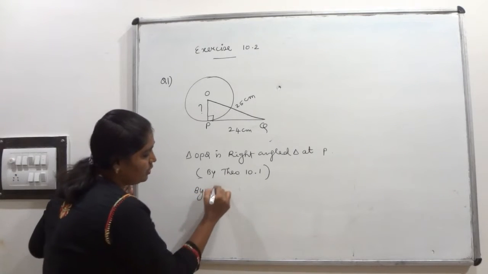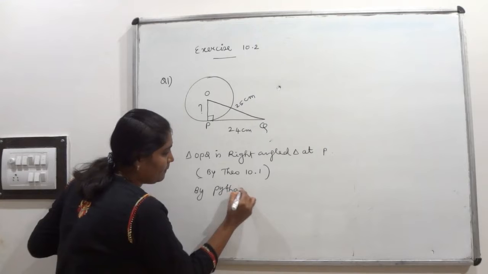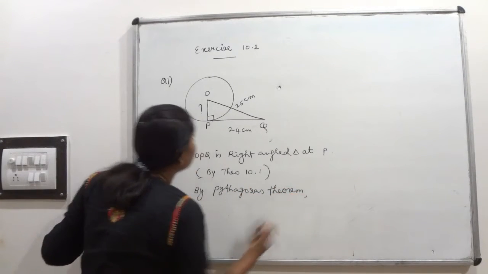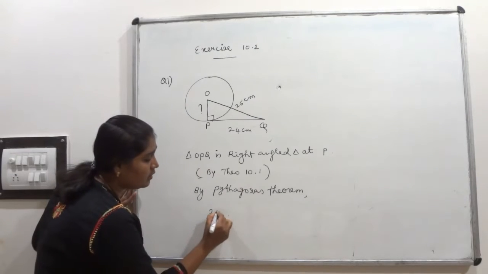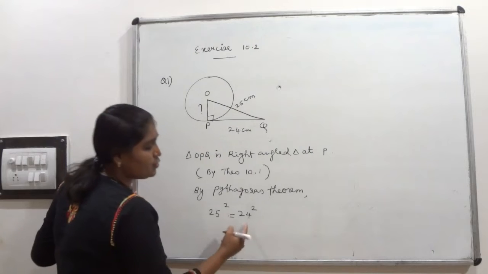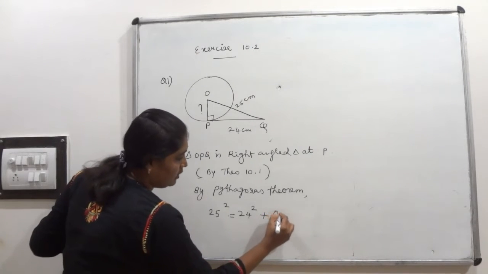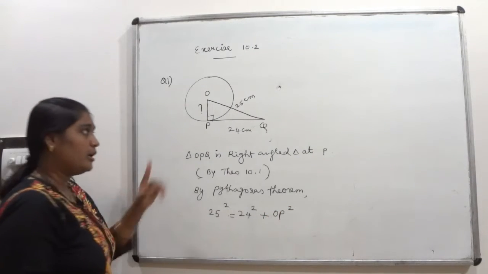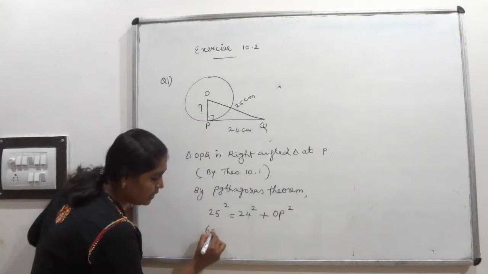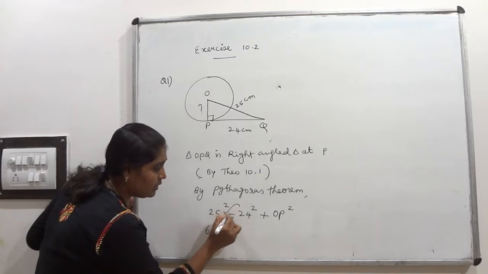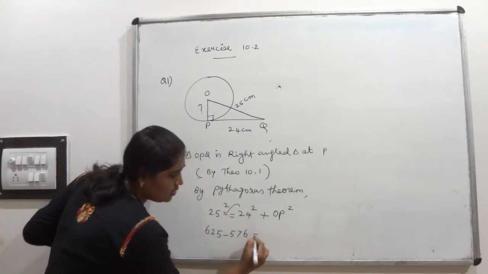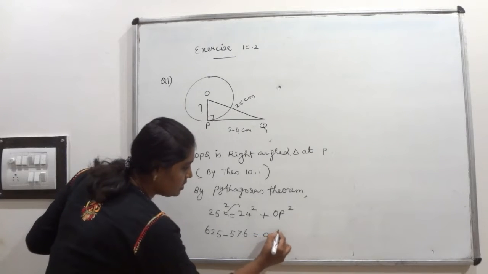By Pythagoras theorem, hypotenuse square equal to base square plus perpendicular square. So base is 24 here and the perpendicular, that is OP square, I don't know, I have to find out that value only. 25 square is 625, 24 square is 576, equal to OP square.